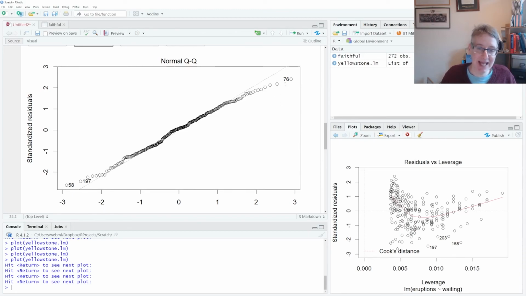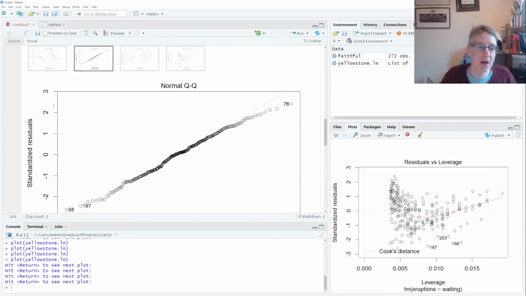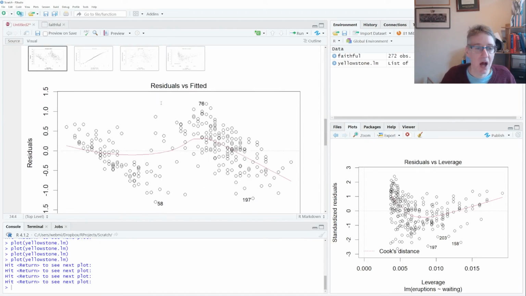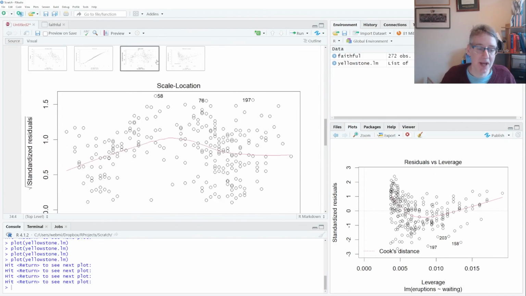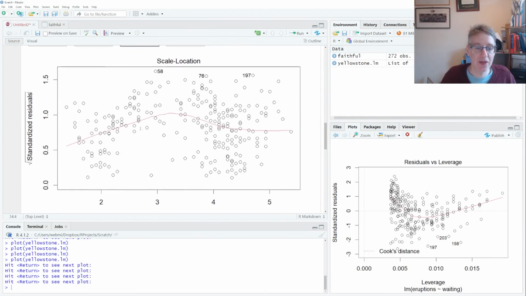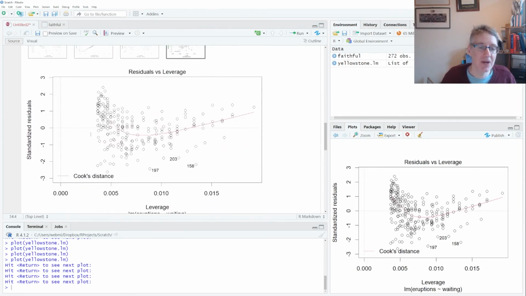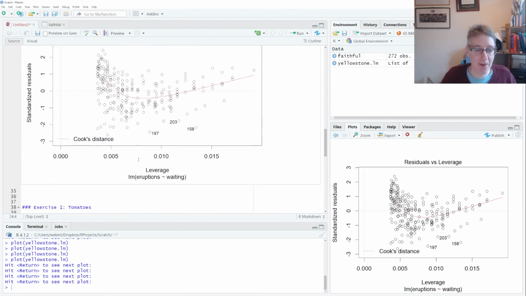In this case this is less of a problem, so this is not too far from what we'd like with all the points being on the straight line, but this first plot is the real problem. The third and the fourth plot we don't need to worry too much about. The third plot is really a scaled version of our first one, and the fourth one is useful in detecting outliers, but that will be the subject of a future talk.